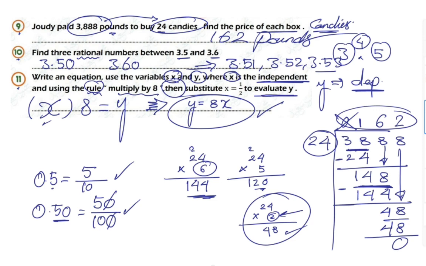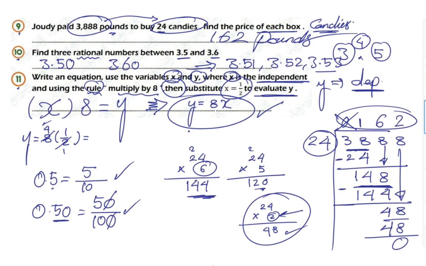What's the meaning of this question? That means I use the value of x as half. Then substitute to find the value of y. So y equals 8 by x, and x here equals half. So 8 by half equals what? I can simplify 2 with 8. I can divide by 2 and by 2. 2 divided by 2 equals 1. 8 divided by 2 equals 4.